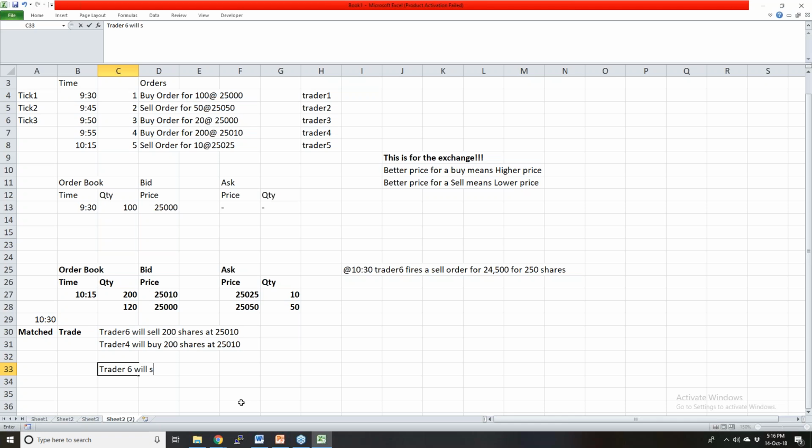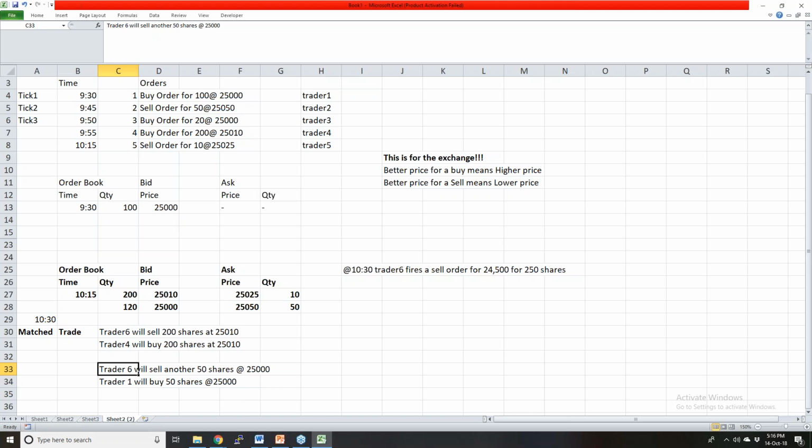Trader 6 will sell another 50 shares at 25,000, right? And trader 1 will buy 50 shares at 25,000.